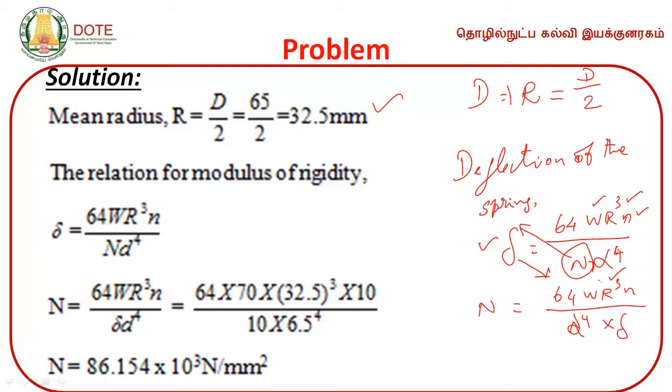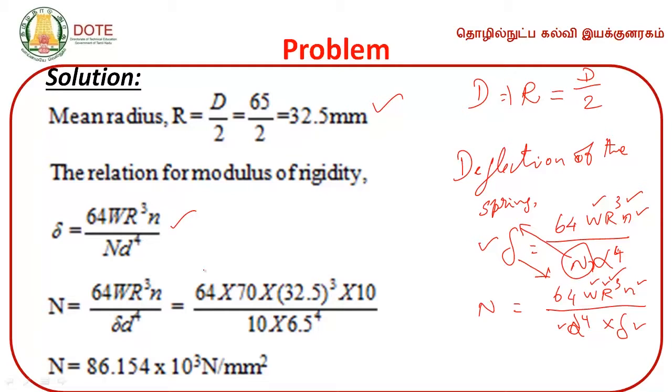In this equation we know W, we know R, we know n, we know del, we know d. We substitute all these values. So deflection is given by 64 W R cube n by N d power 4. So the modulus of rigidity for the spring material is given by the formula 64 W R cube n divided by del into d to the power 4.